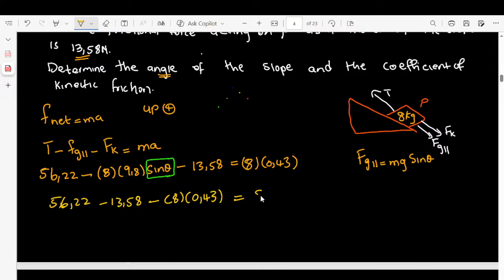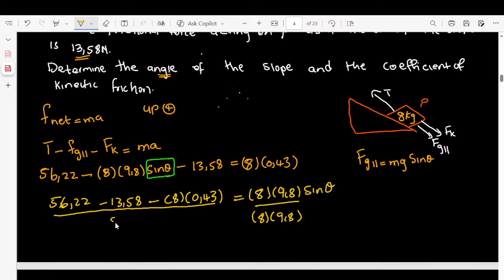I'm going to equate this to positive 8 times 9.8 sine theta, so that I can divide this by 8 times 9.8. The answer you get here, you need to divide by 8 times 9.8. So sine theta should be equal to 0.5. When you punch that on the calculator, you should get 0.5.